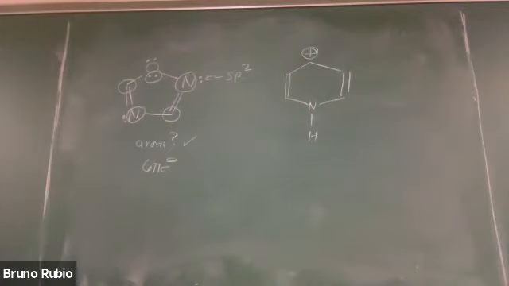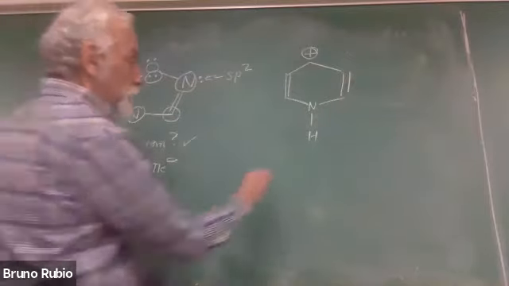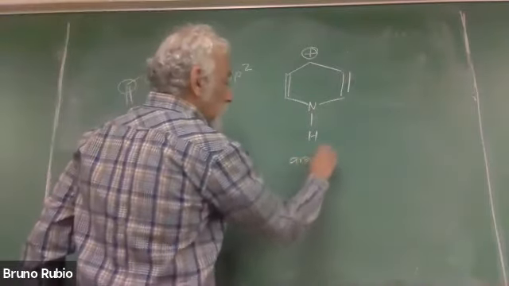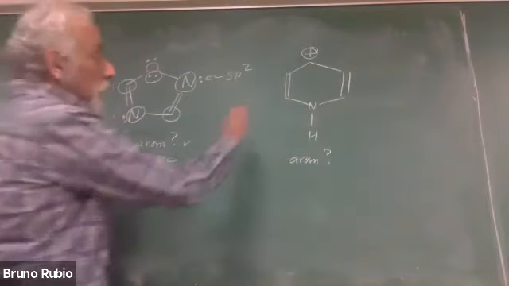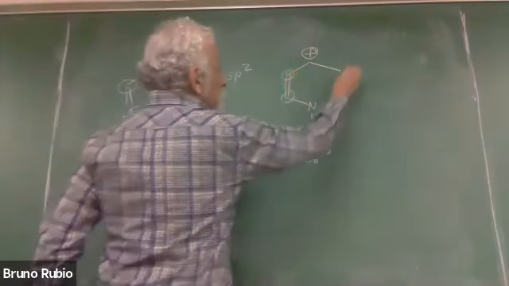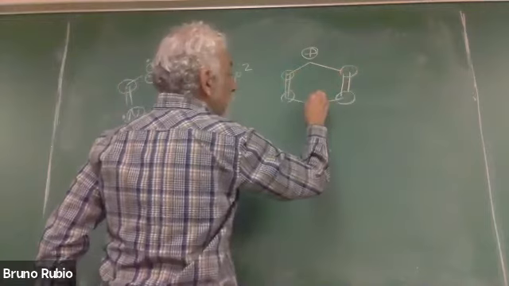Is he aromatic? Oh my heavens, yes. He's a 6-pi electron system. P orbital there, p orbital there, p orbital there, p orbital there.